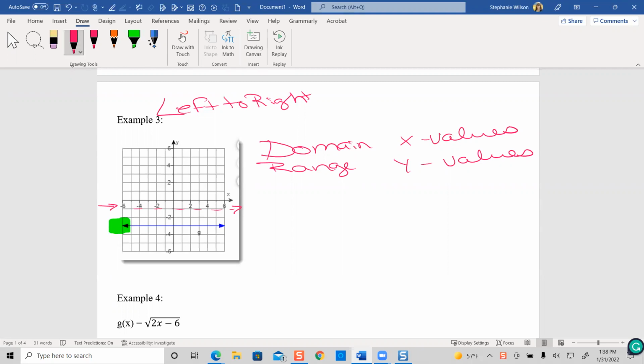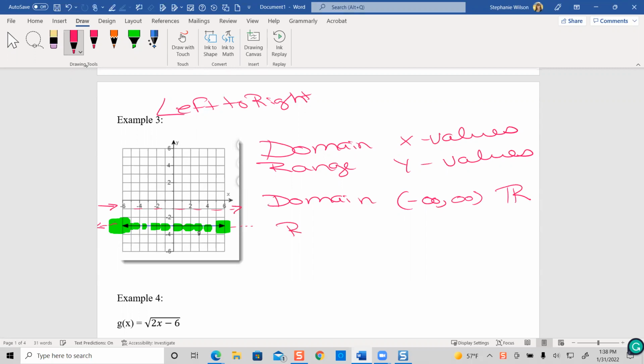That arrow tells me that it's going to keep going on and on and on. So I know my domain is going to start out with negative infinity. I'm going to follow this line out. Where does it go? It goes on. And down here at this end, it has an arrow, so it tells me it continues to go on. So it's positive infinity. This is all real numbers.